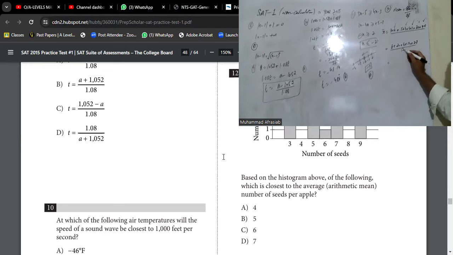So this is 6 plus 10, 26 plus 6, 32 plus 14.